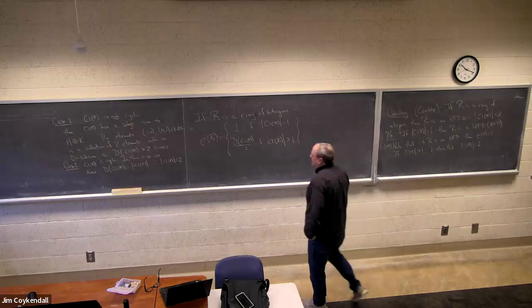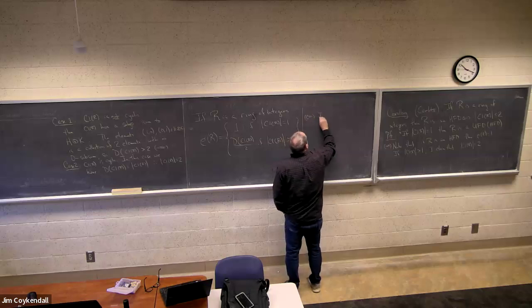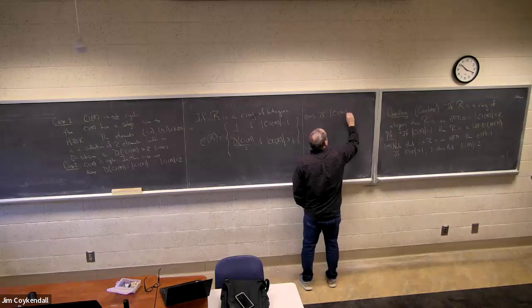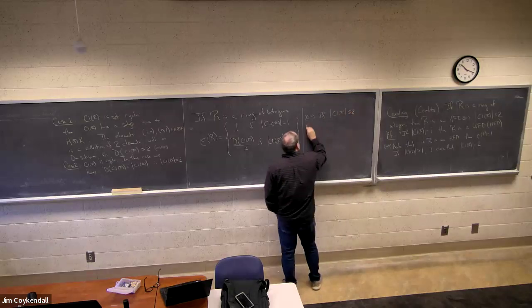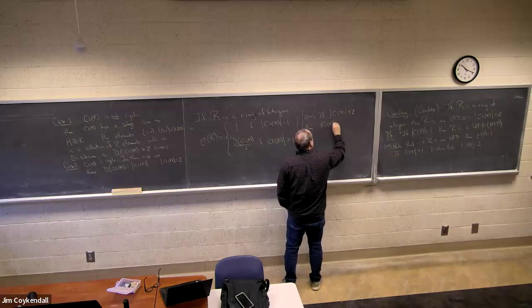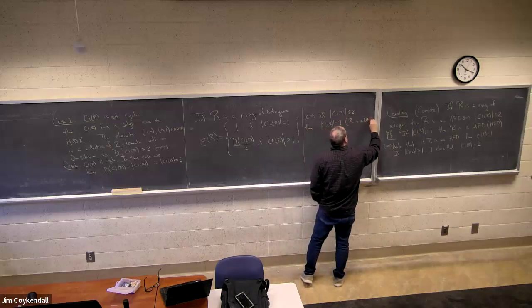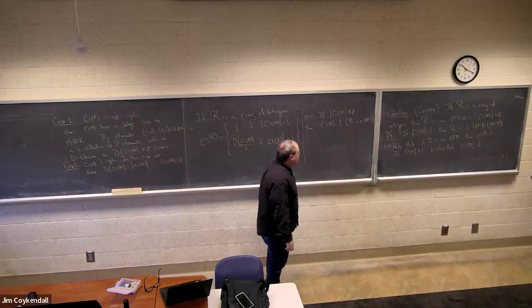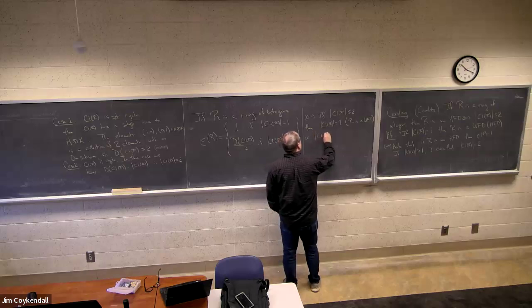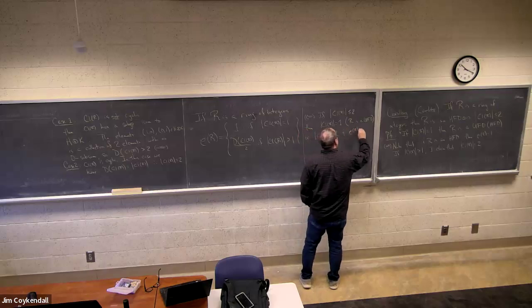On the other hand, the other direction is easy. The order of class group is less than or equal to 2, and rho of R is equal to 1.